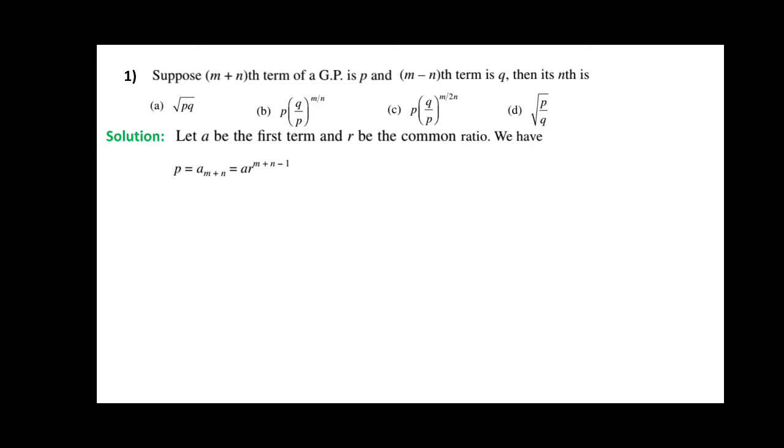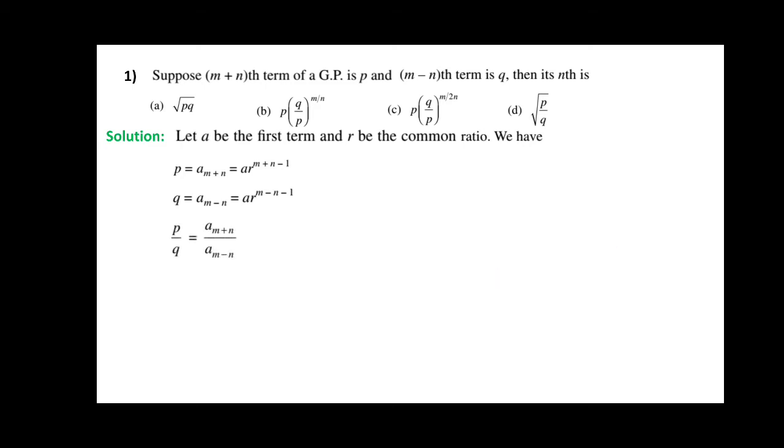Instead of n we have m plus n here. And similarly the (m minus n)th term is q, therefore q is equal to a into r to the power m minus n minus 1.